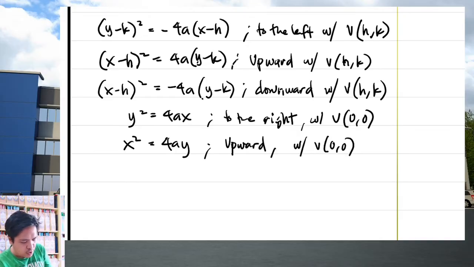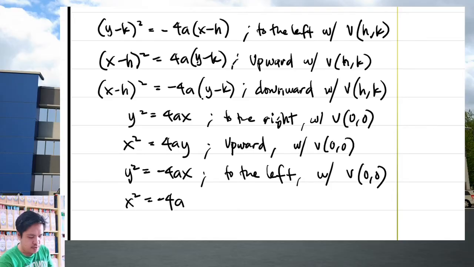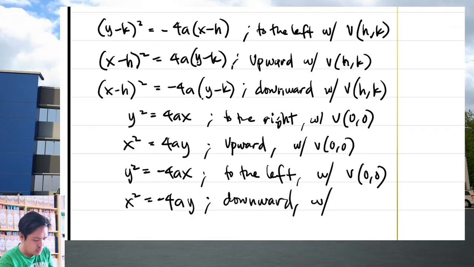Now, if we have y squared equal to negative 4ax, that would be to the left with vertex at the origin, and if you have x squared equal to negative 4ay, that would be downward with vertex at the origin.